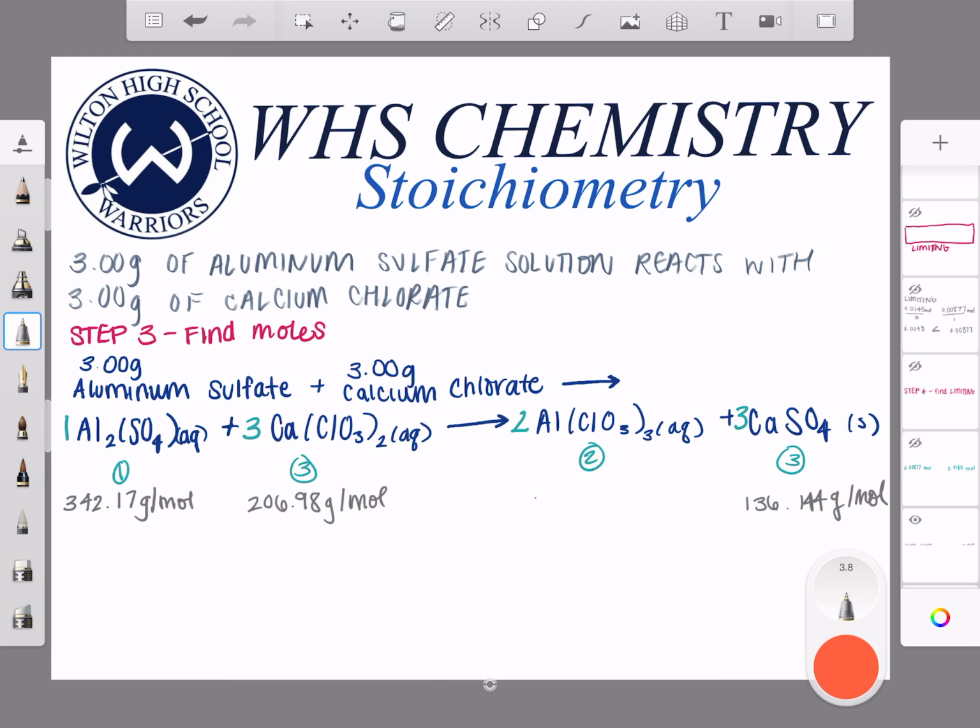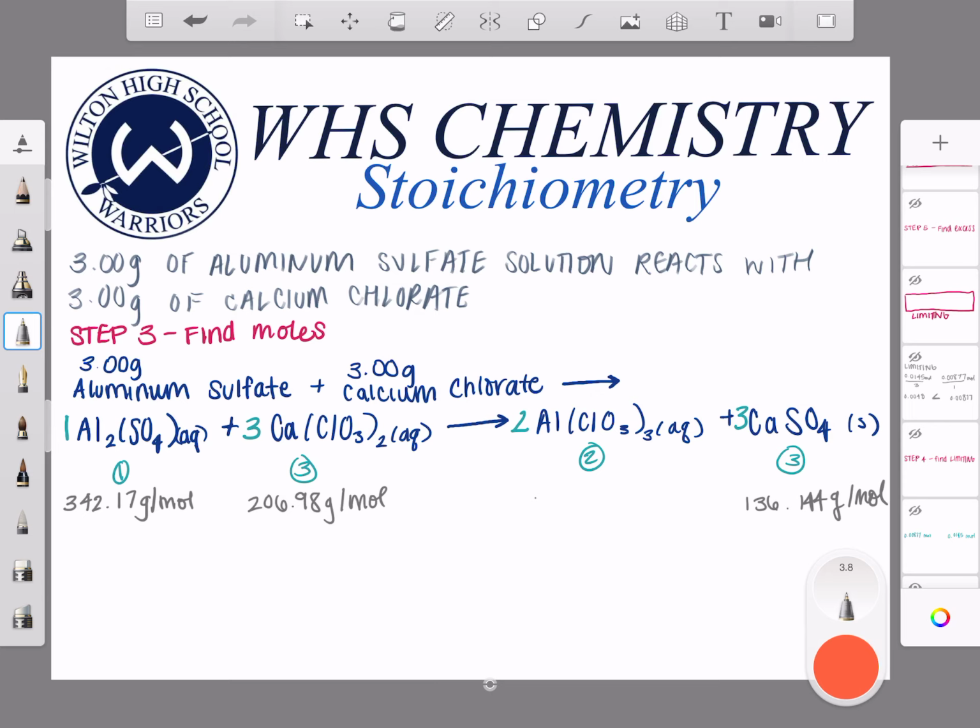To find the molar mass of a compound, all you do is find the molar mass of each element, and then add them all together. Make sure that if there's a subscript, you take it into account. For example, if there are 2 aluminums, you take the molar mass of aluminum and multiply it by 2. That's how you do the molar mass.